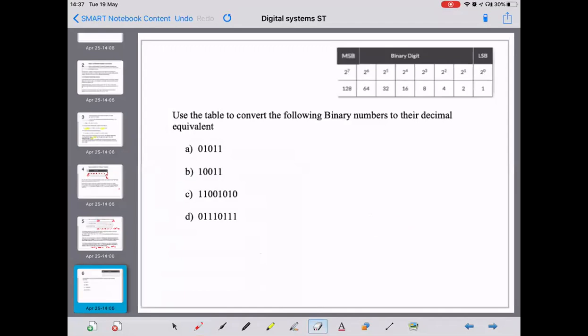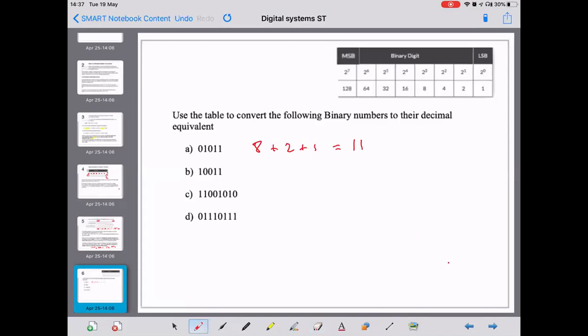Which one? First one. First one is 11. Yeah, that's 8. You've got the 8 plus the 2 plus the 1 equals 11. What about the second one?